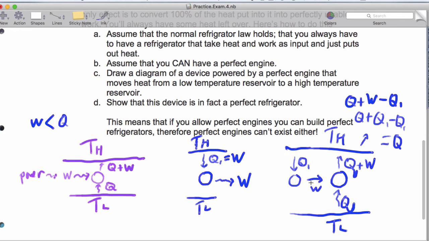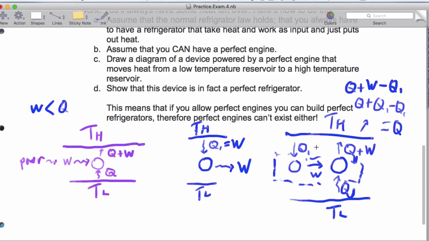What does this all mean? It means that if I put this thing in a box and don't open it, if I use a perfect engine, I can suck out the heat from the high temperature reservoir and then dump it back in there along with this and get something for nothing by doing this work.